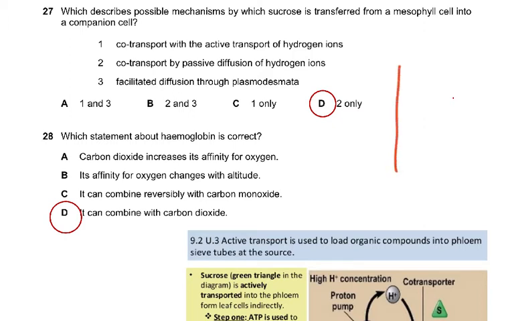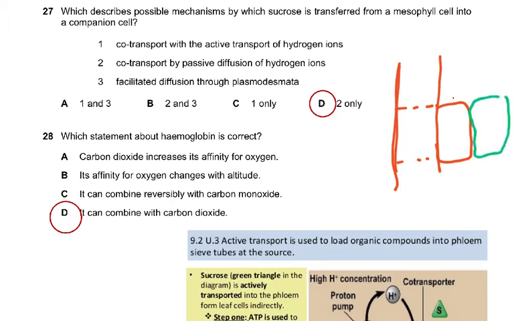So these are the sieve tubes, these are the sieve plates, and then there is a companion cell, and then of course there is a mesophyll cell. So it's not asking you that, it's asking you what described mechanism by which sucrose is transferred from a mesophyll cell into a companion cell.